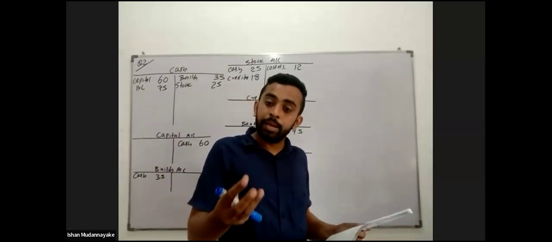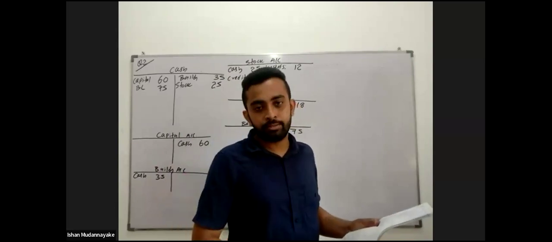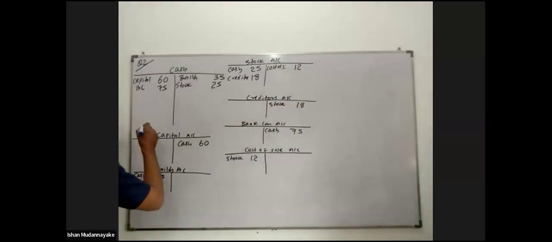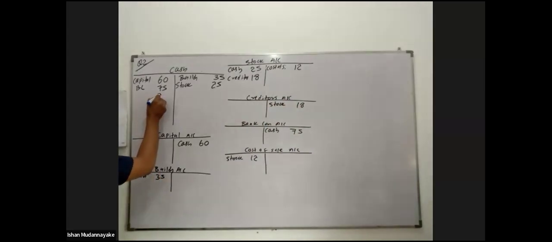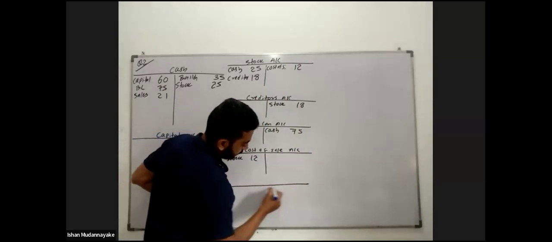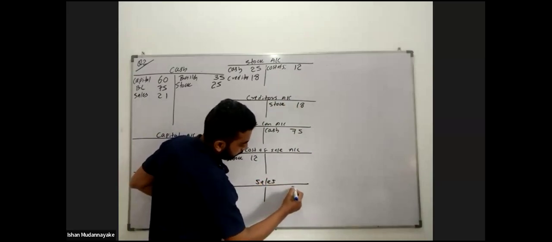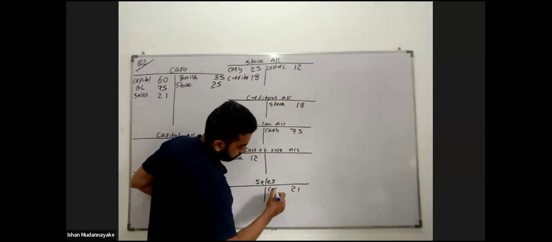Once that payment is entered, the system passes a double entry like this: receiving cash, cash book debit 21,000, sales account credit 21,000.